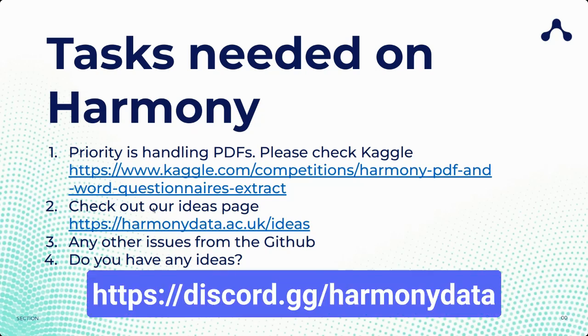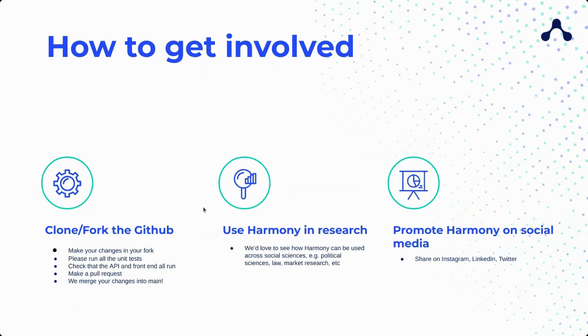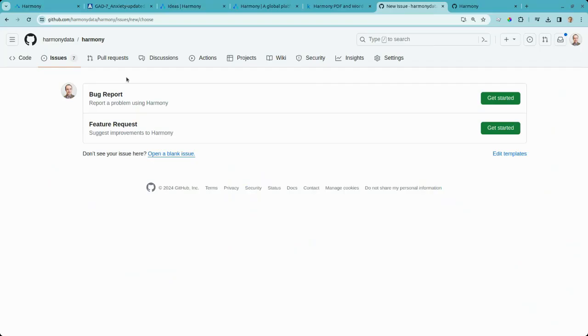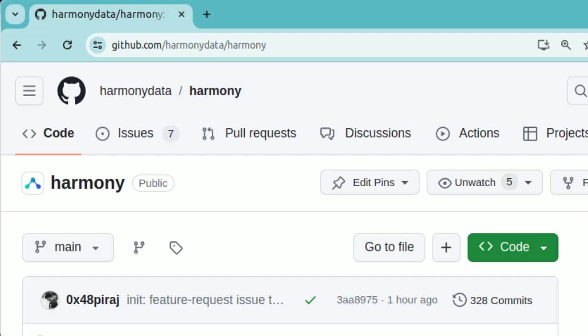So how you would get involved, getting started to contribute to Harmony, first of all, you'd go to the GitHub repo and you can clone the GitHub and see if you can run it. We've got three main GitHub repositories under the organization. We've got this one, slash Harmony, which is the Python library.